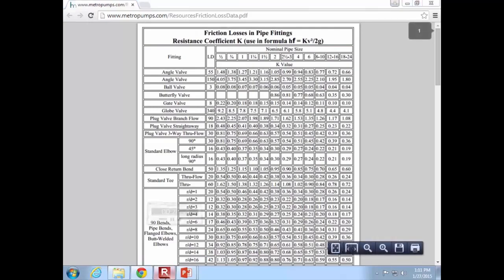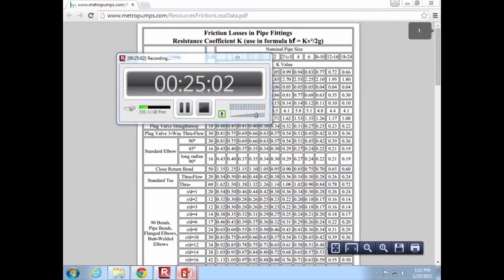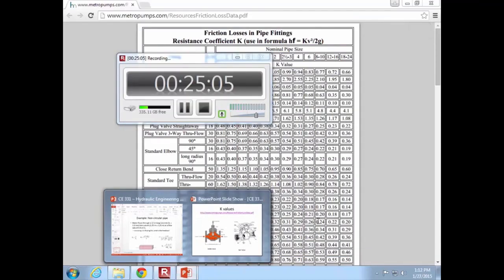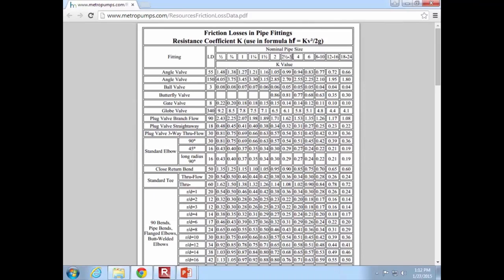All right, so let's compare the globe valve and the ball valve on the table that they've got here. If we were going to use a 4-inch pipe, the ball valve that they can sell you has a K value of just 0.05, whereas the globe valve is 5.8.